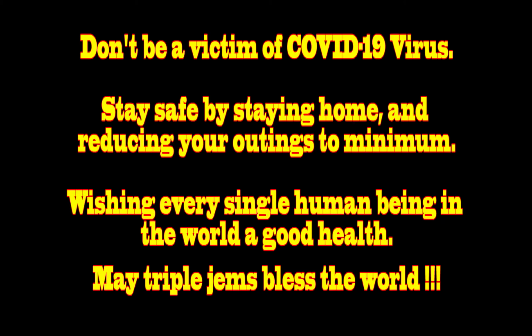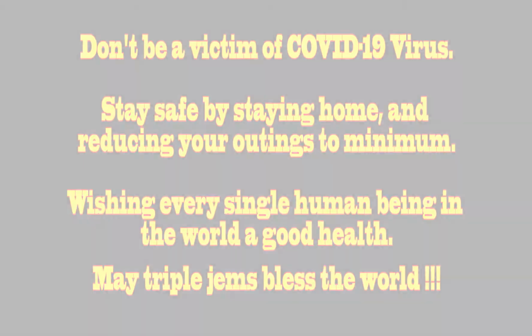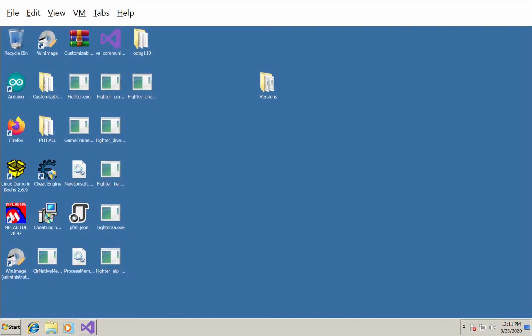Hello friends, and from today onwards we are going to create the C# application for our trainer. So in this video we are going to discuss the major process functions, or rather major memory functions, regarding this trainer.